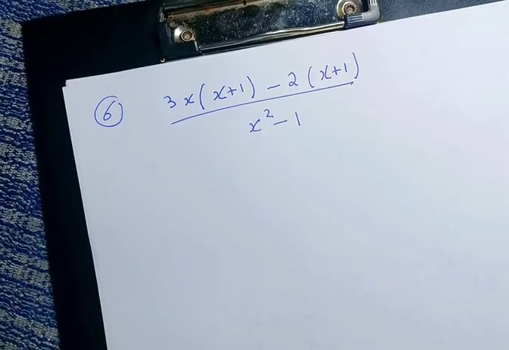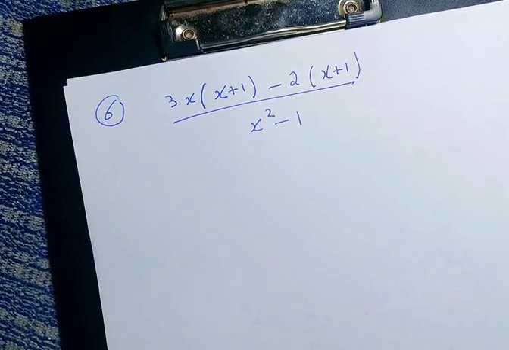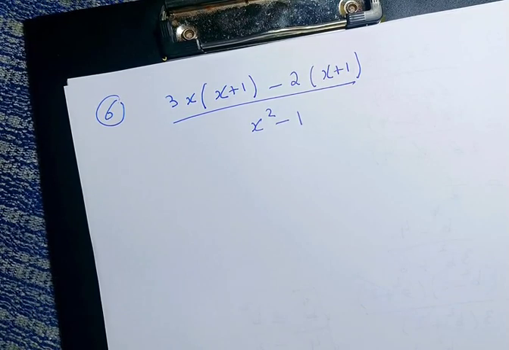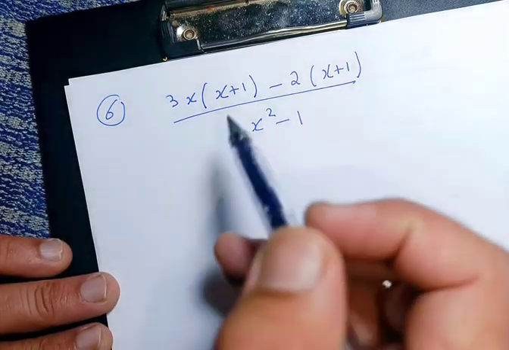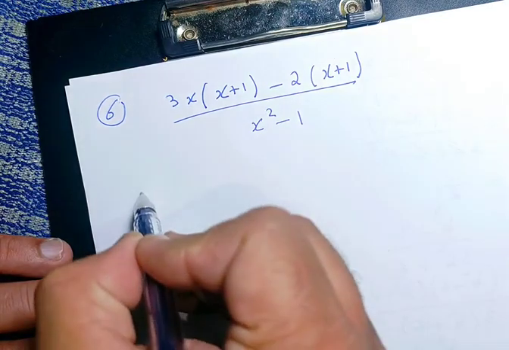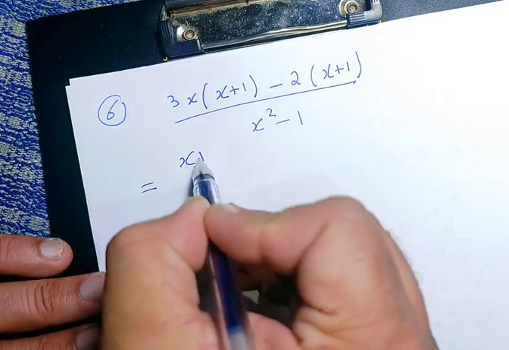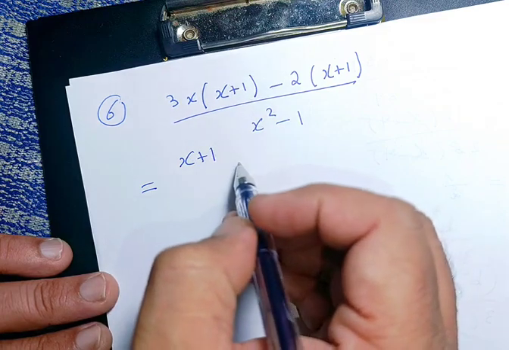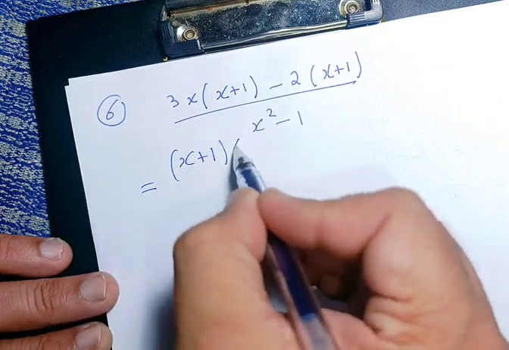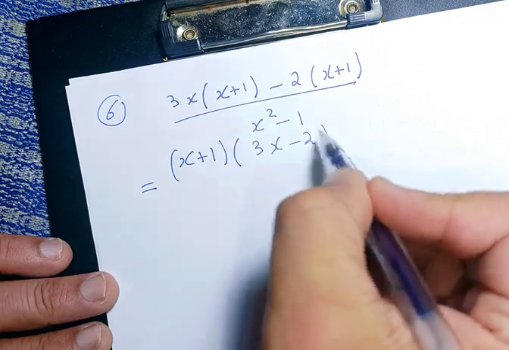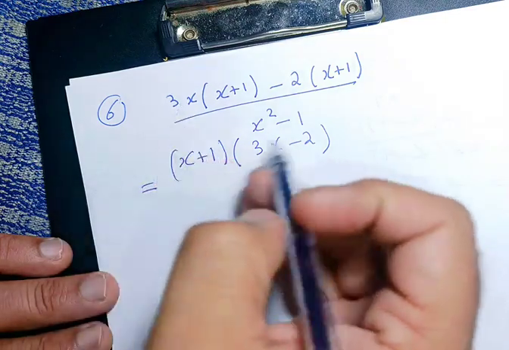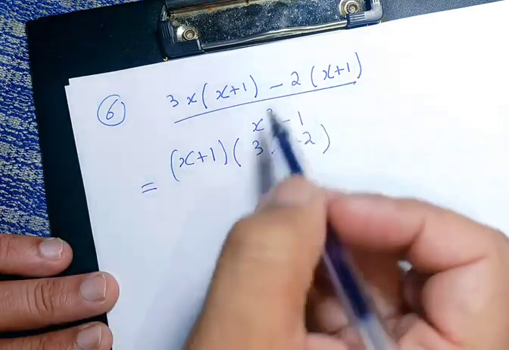Now question number 6, what a nice question. 3x times x plus 1 minus 2 times x plus 1, over x square minus 1. Obviously I can see there's a common bracket here, x plus 1. So I'm going to take out the common bracket x plus 1, and then what is left inside? 3x minus 2. Remember x plus 1 is out, 3x left. x plus 1 is out, only 2 left.